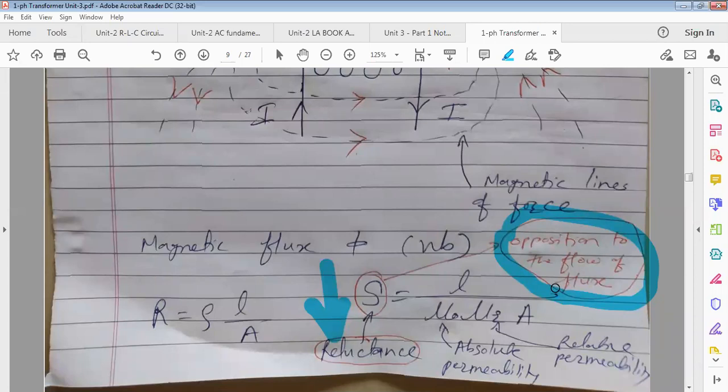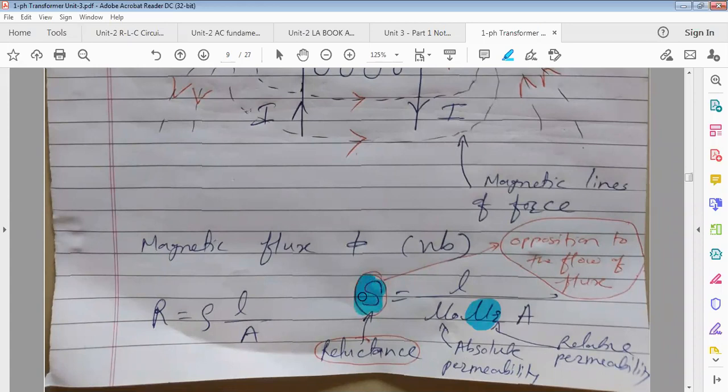Okay, got it? Now, if you consider air, what is the relative permeability of air? It is 1, isn't it? So, which is very less. So the opposition to the flow of flux by air will be very high, because silicon steel, cast iron, cast steel, these materials have relative permeability of approximately 2000.